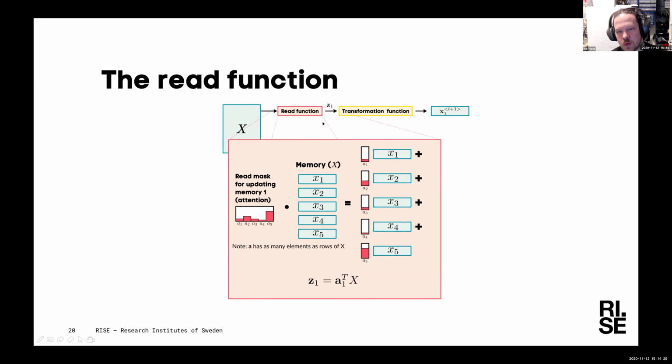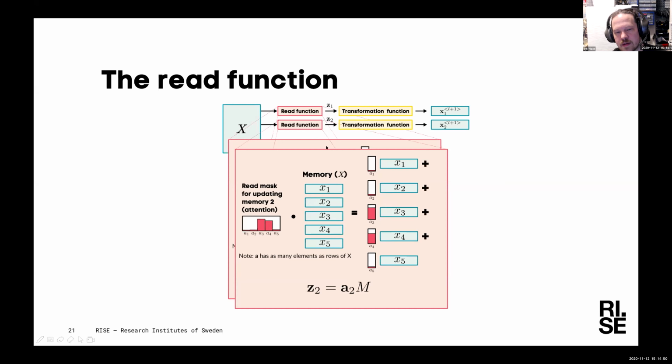So we can see that when updating the slot, we actually read from all of the other memory slots. This means that this operation will be proportional to the number of memory slots we have. And the number of memory slots we have needs to be at least as long as the length of the sequence. That really cuts to the heart of this issue. Just to show you the intuition here, we apply this for each of the memory slots we want to update.